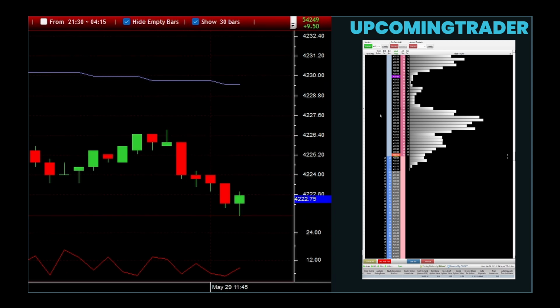Another thing to watch in the order book is how buy and sell orders behave in real time. For example, if you see large buy orders suddenly appear or quickly get filled, it can signal strong demand, suggesting an upward move might be imminent. Similarly, large sell orders being filled can indicate selling pressure, suggesting a potential downturn.